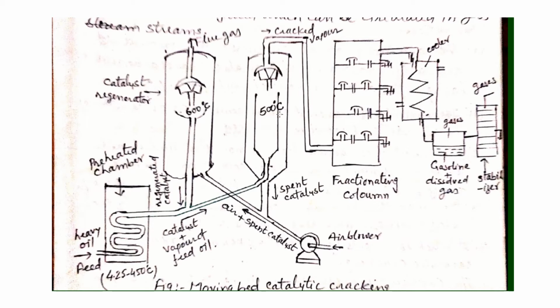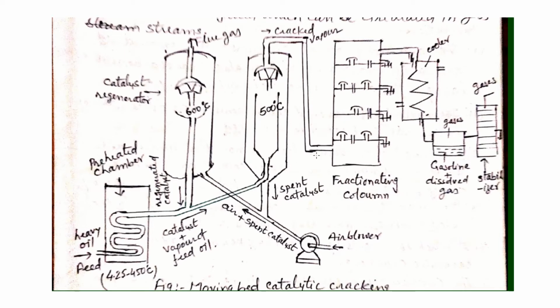The temperature of this column is maintained at 500 degrees centigrade. So at 500 degrees centigrade, in the absence of air, the vapor comes in contact with the catalyst and is cracked, and the cracked vapors come out from this one-way hopper.